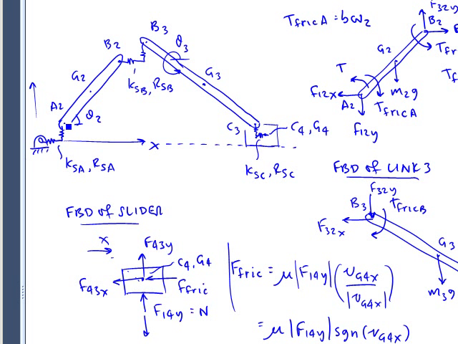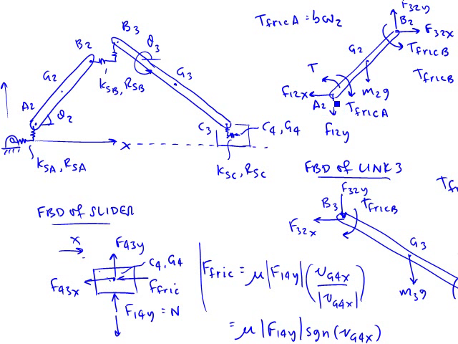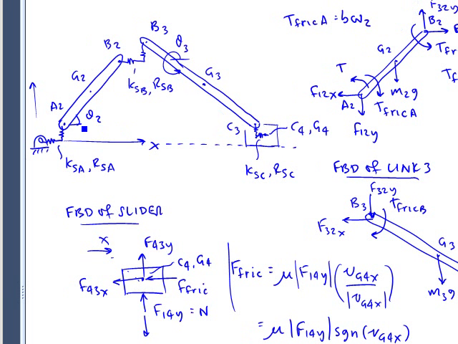If I have a positive deflection of K_SA in the x direction, the force is going to pull back to the left, so F12x is going to be plus kx. I've drawn F12y pulling downward. That's the direction of the spring force on A2 in the vertical direction if it deforms as shown. And the stretch in that spring is going to be y_A2.